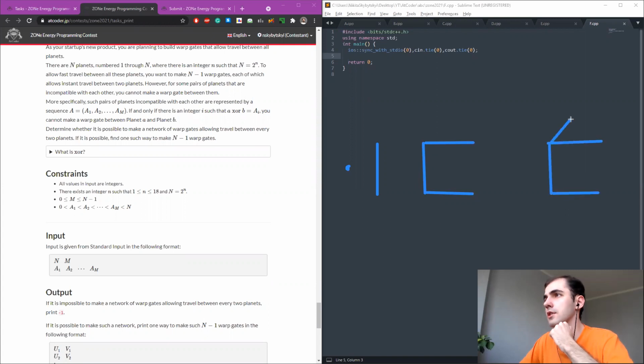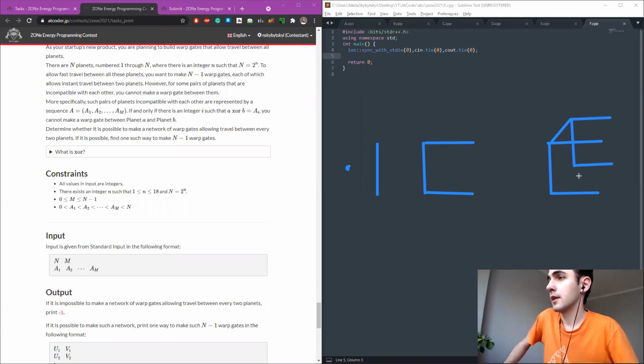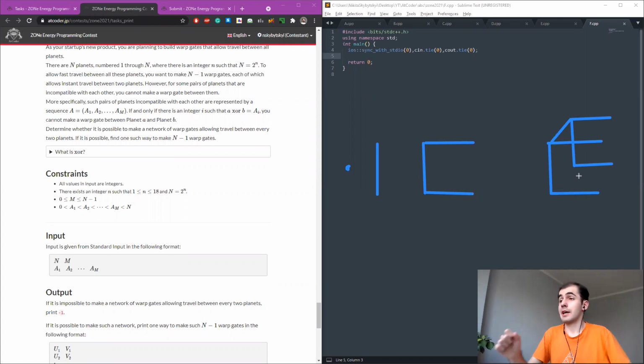This was the original idea: you duplicate your stuff to the second part of the hypercube, and then you just add one more edge. There is a problem: all edges in some direction may be banned, and then you have nothing to do.